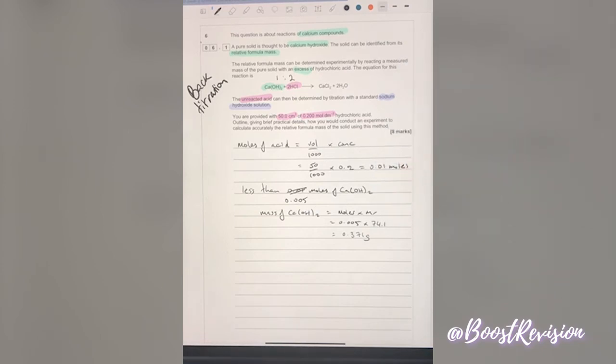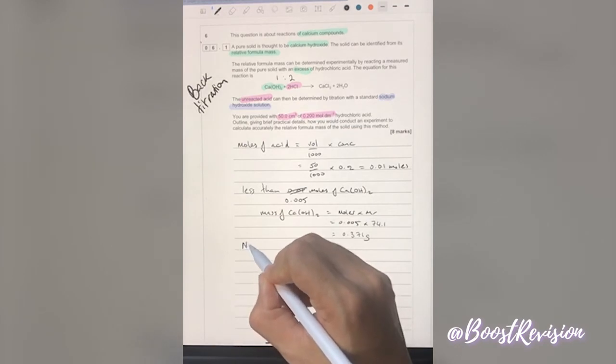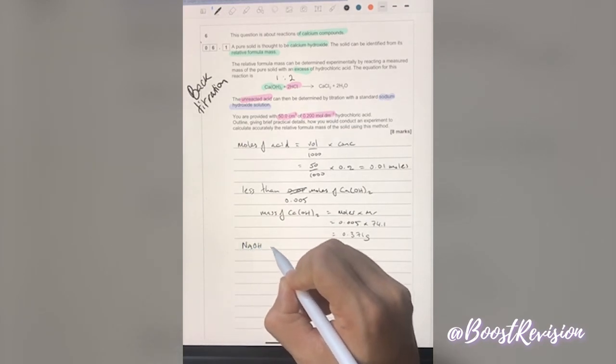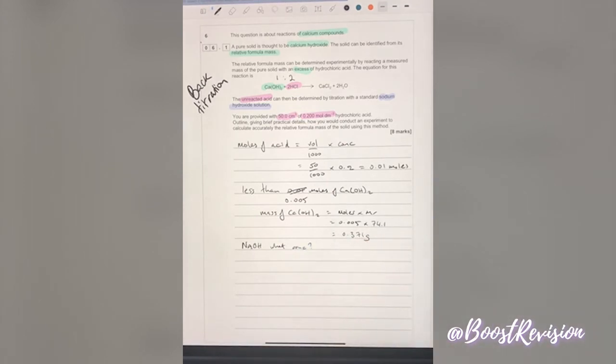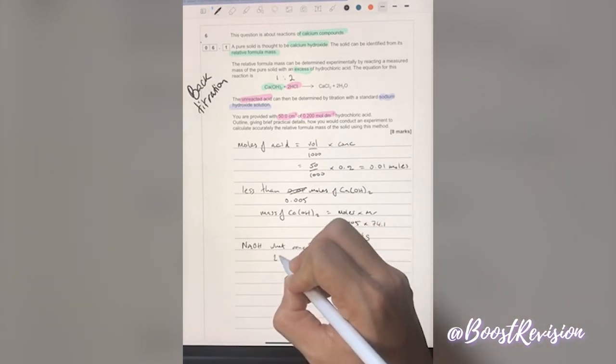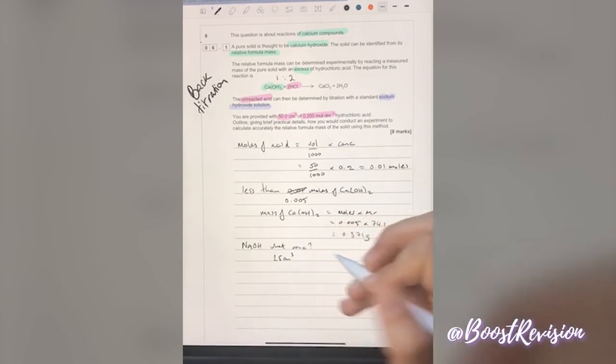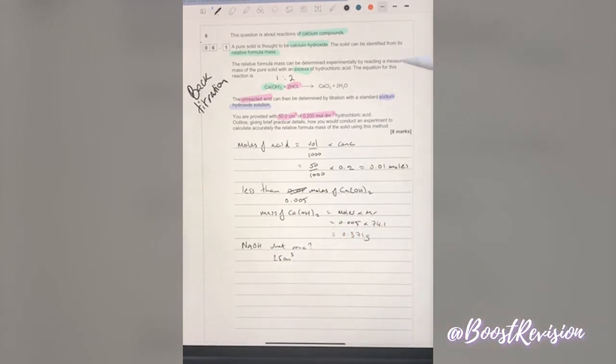We titrate the leftover acid with our sodium hydroxide, and if we're not given the details, we might want to say what concentration of the sodium hydroxide we are going to use, and perhaps what volume. We normally use a standard volume of 25 centimeters cubed in a conical flask measured out with a pipette. Make sure you say that you're going to add the indicator, for example.